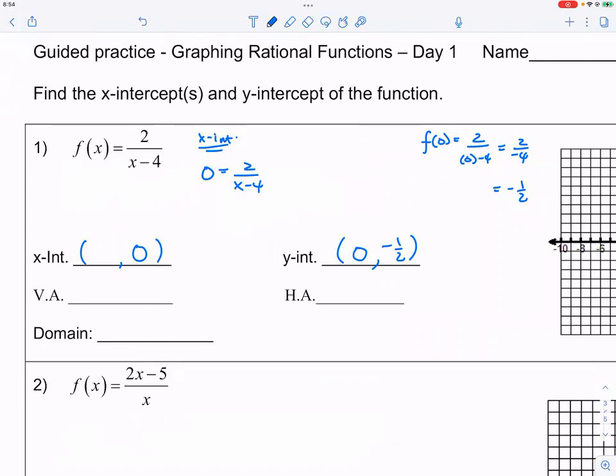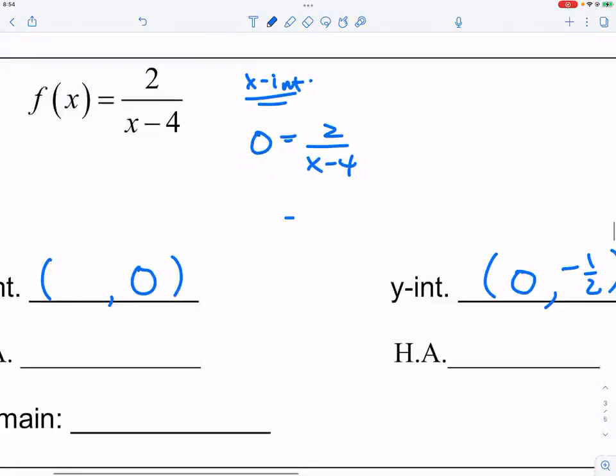Now, yesterday I asked you to write down one thing. Remember that if you have a fraction, when the fraction is equal to 0, that means the numerator must be 0. But now, in this case, in order to be 0, the numerator has to be 0.